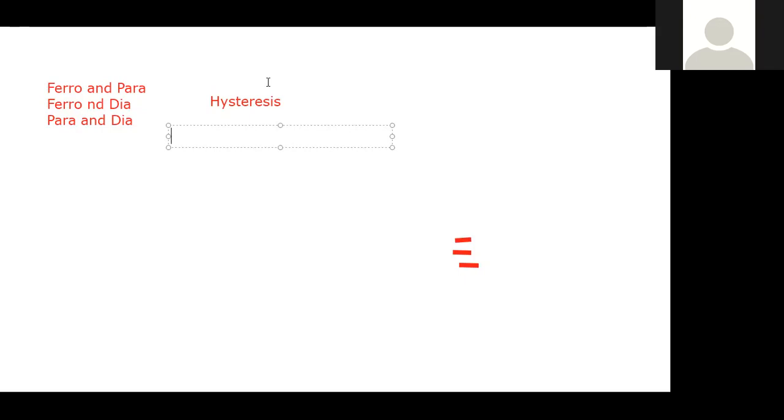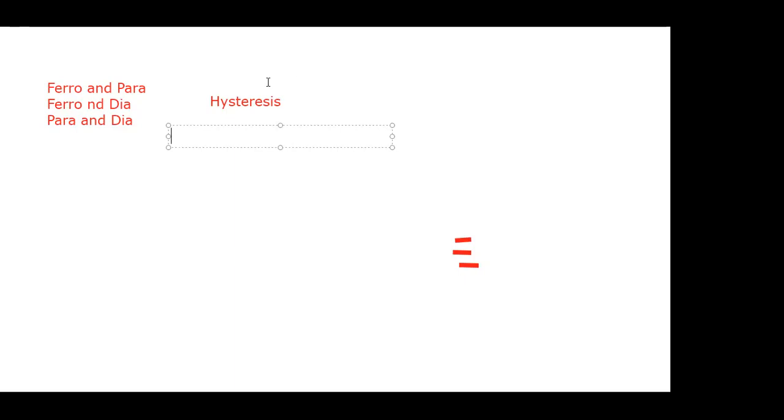When an external magnetic field is applied to a ferromagnet, we know that ferromagnets are strong magnets. The atomic dipoles, in other words the atomic molecules or the domains, normally align themselves with the external field, as I've already told you.